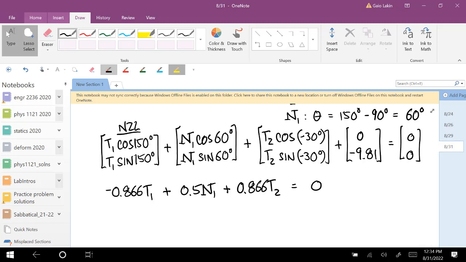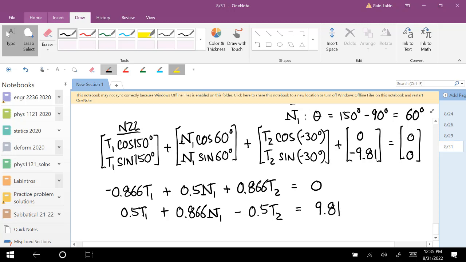And the second equation says positive 0.5 T1 plus positive 0.866 N1 minus 0.5 T2 minus 9.81 is equal to 0. I'll just move that to the other side now because we know we have to do that for reduced row echelon form anyways. And these are our first two equations.